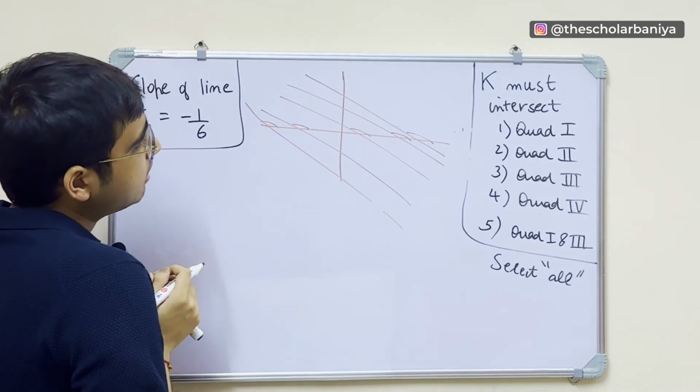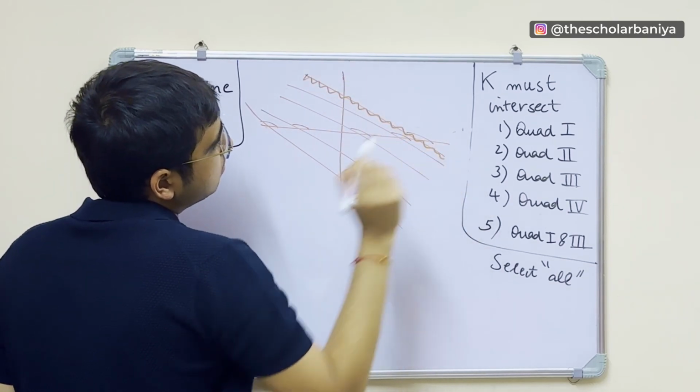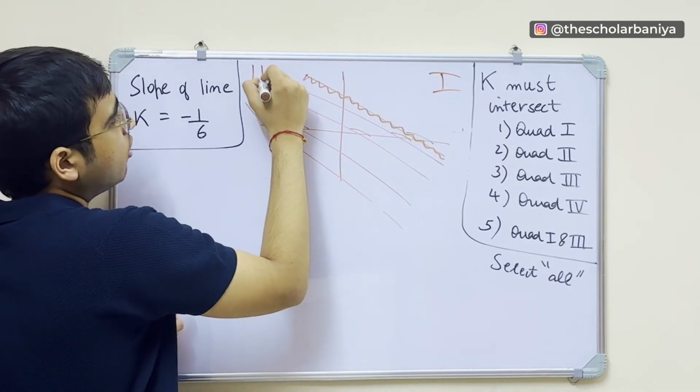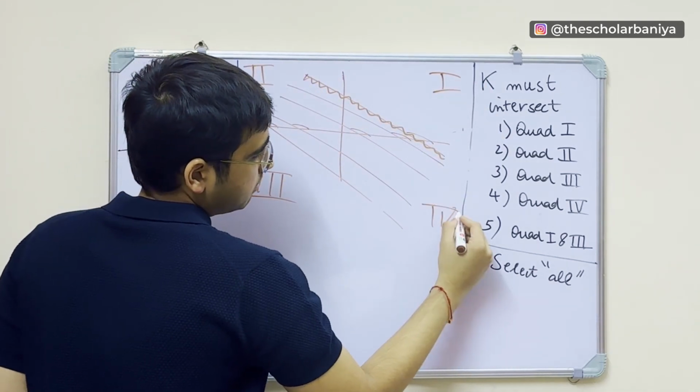Now tell me one thing, if you see this line. This is the first quadrant, this is the second quadrant, this is the third quadrant, and this is the fourth quadrant.